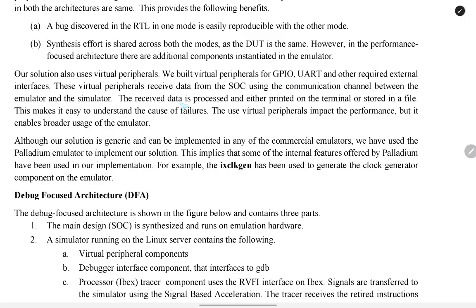The received data is processed and either printed out on the terminal or stored in a file. This makes it easy to understand the cause of failures. The use of virtual peripherals impacts the performance, but it enables broader usage of the emulator.